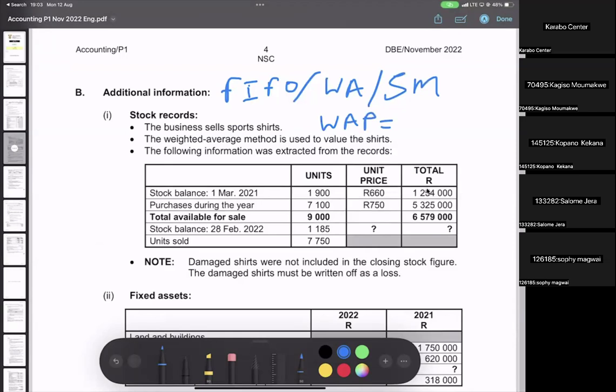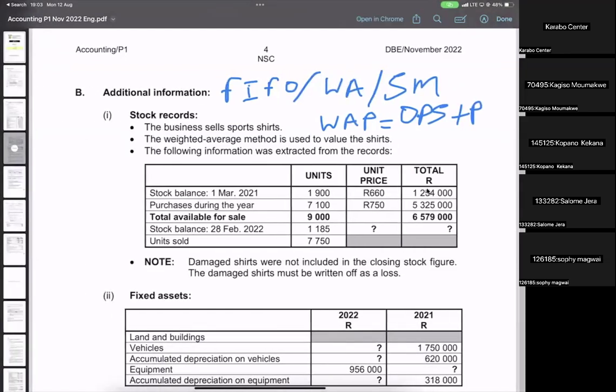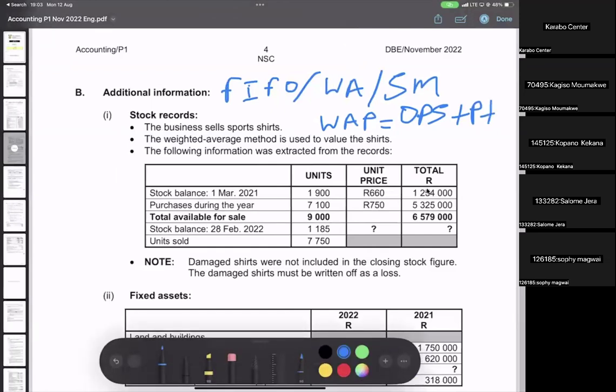The weighted average price is opening stock plus net purchases, and I'll write net purchases because I don't have enough space for purchases minus returns, all over opening stock units plus net purchase units. That's how you calculate your weighted average price.